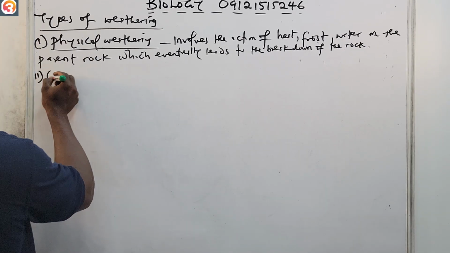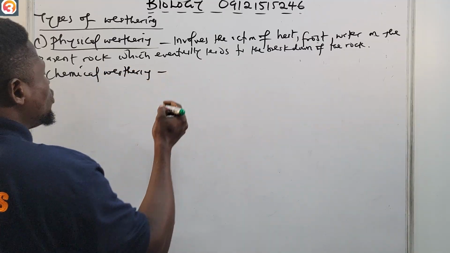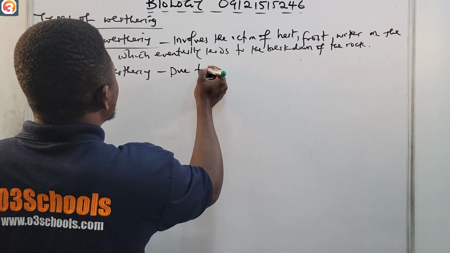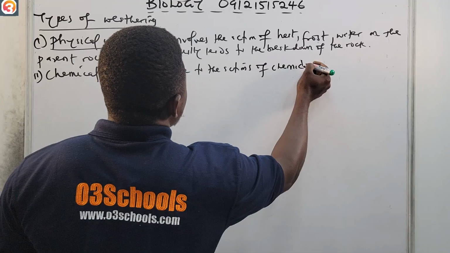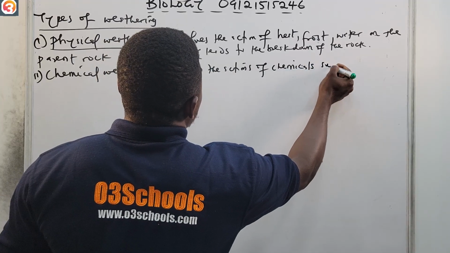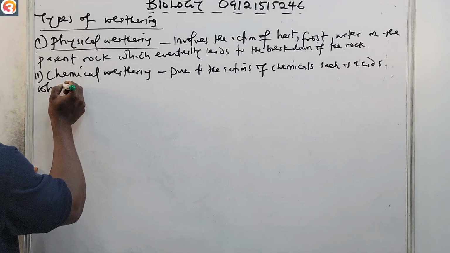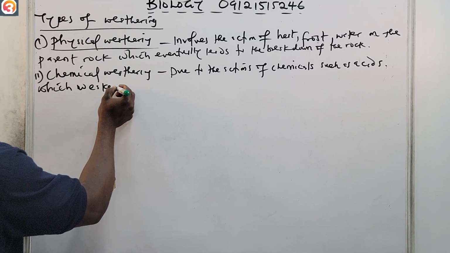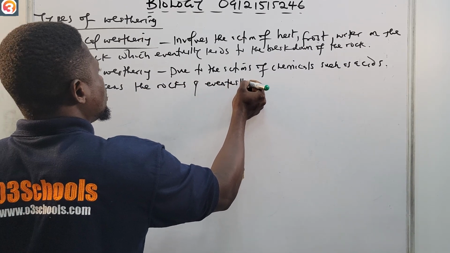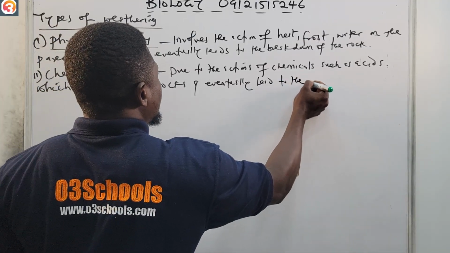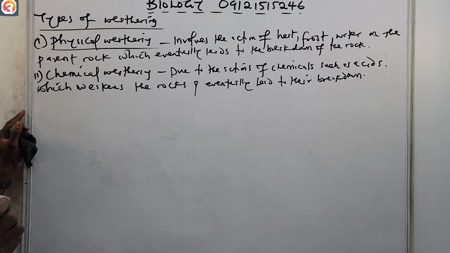So for number two, chemical weathering is due to the actions of chemicals such as acids, which weaken the rocks and eventually lead to their breakdown. So that is chemical weathering.